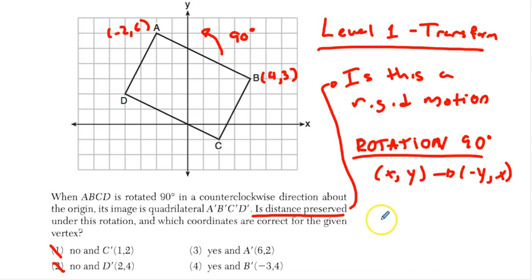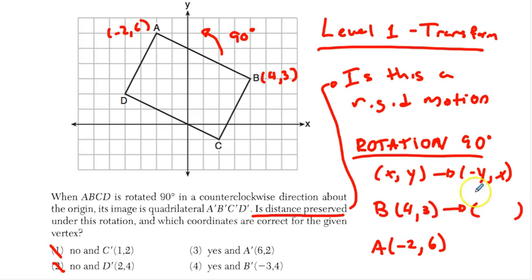All right? So let's write down those 2 points. We got B is 4, 3, and we have A is -2, 6. Now, if we were to use this transformation, that means you flip it and you change the first thing. So we would get -3, 4. See how I flipped it and I changed the first one? And this one, I would get -6, -2.